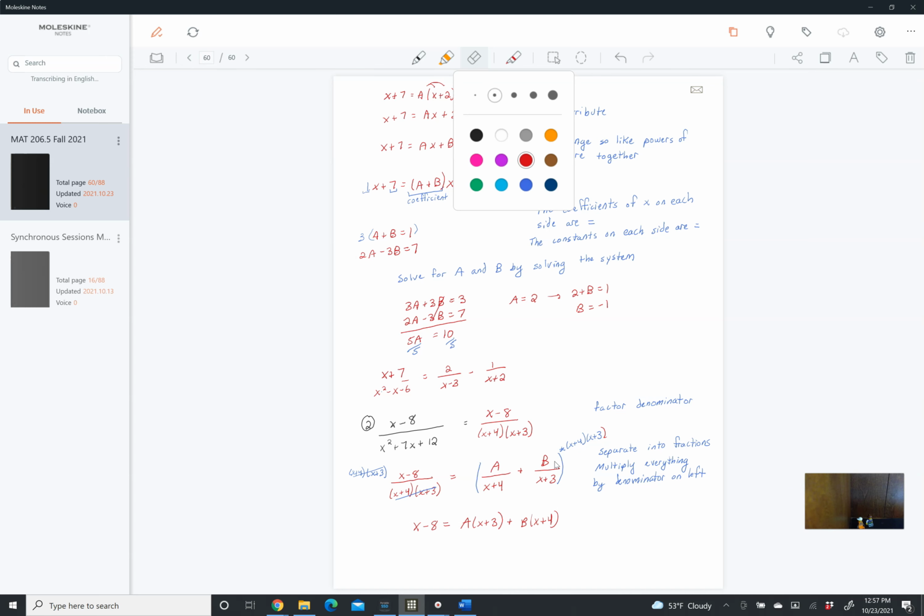Okay, so let's use method 1, and then we'll use method 2. I'm going to rewrite this on the other side of the page.